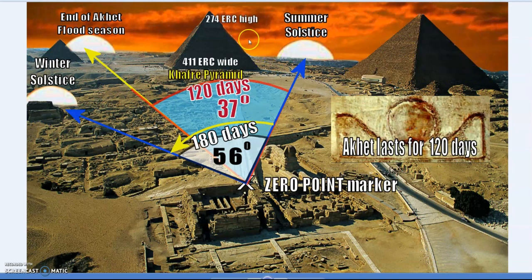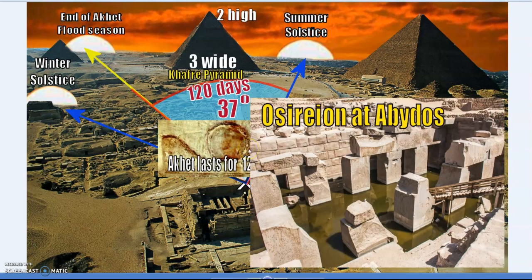The Khafre pyramid was originally 274 Egyptian royal cubits high and 411 wide, which gives us a 3 wide to 2 high angle. Now this is an important feature because the Osireion down in Abydos has some lovely information which will lead us directly back to the Akhet season and especially the geometry of the Khafre pyramid.